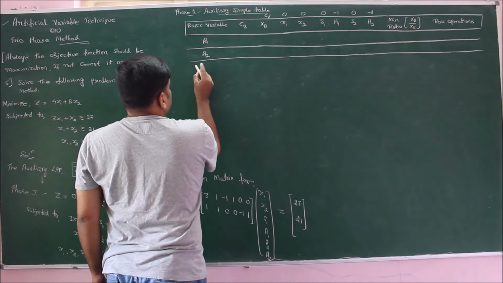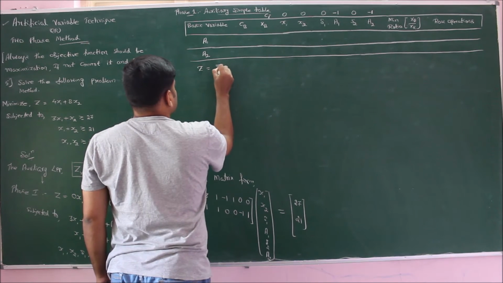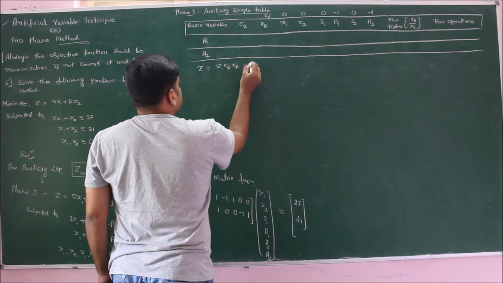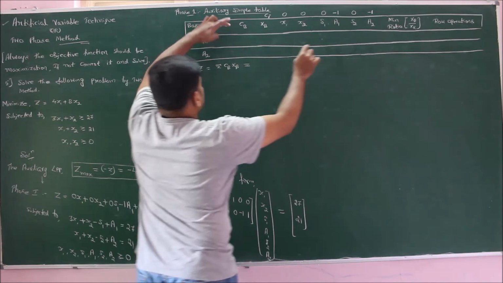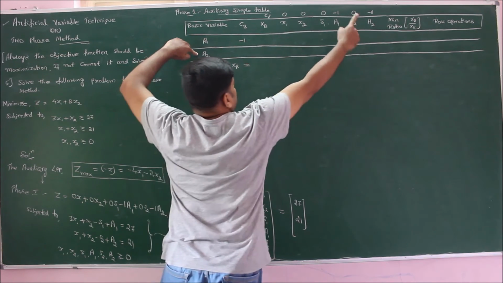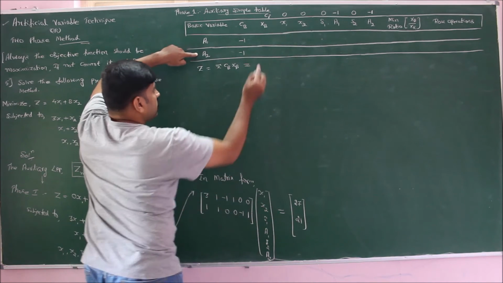And finally I should calculate the value of z, which is equal to summation of CBXB. The coefficient of A1 is -1, the coefficient of A2 is also -1, and XB is 27 and 21.